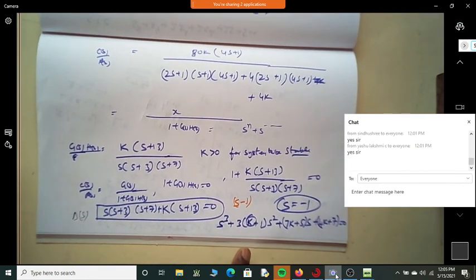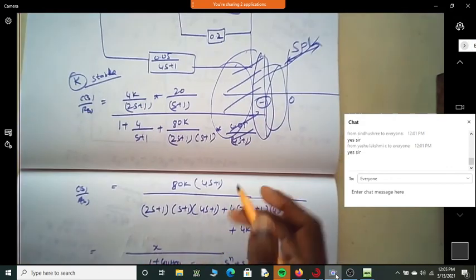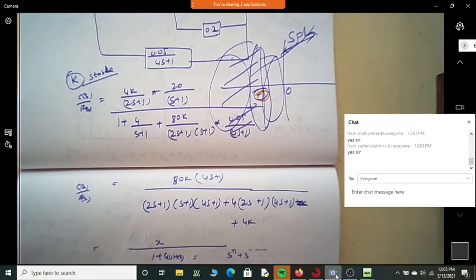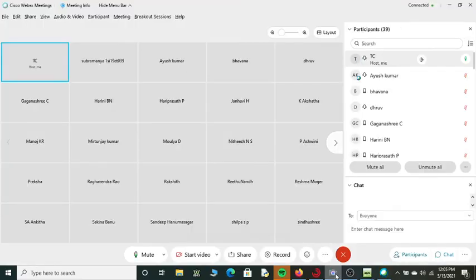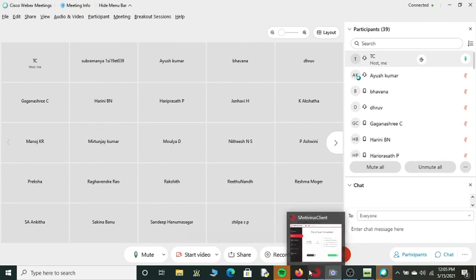Replace all s by s minus 1, then you'll get a new characteristic equation. Then minus 1 will become the origin. When you get minus 1 as the origin, you find the k margin. That k margin will correspond to the value of s, which happens to be minus 1.